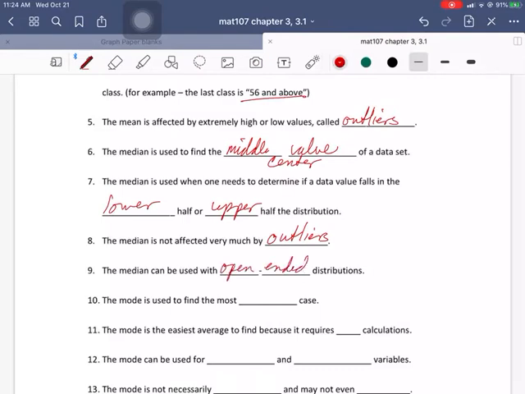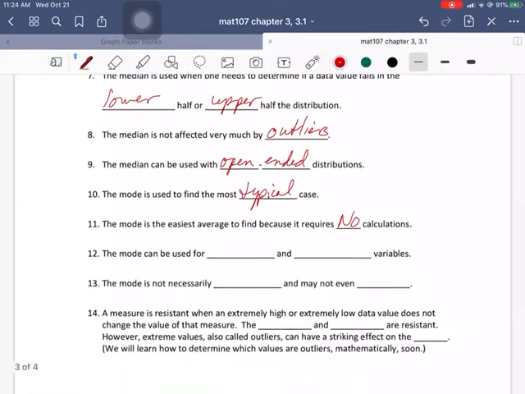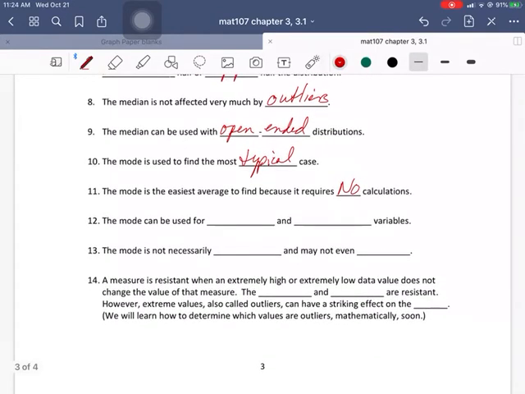The median can be used with open-ended distributions. The mode is used to find the most common case. The mode is the easiest average to find because it requires no calculations. Which data point is repeated the most, if there are any?